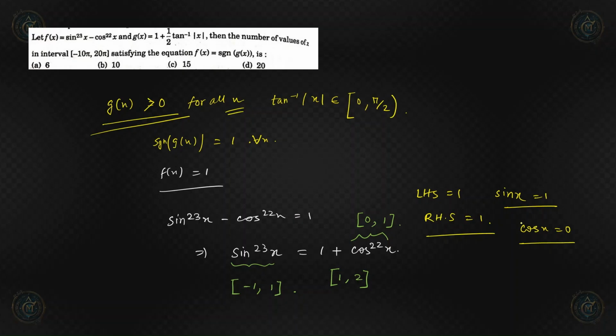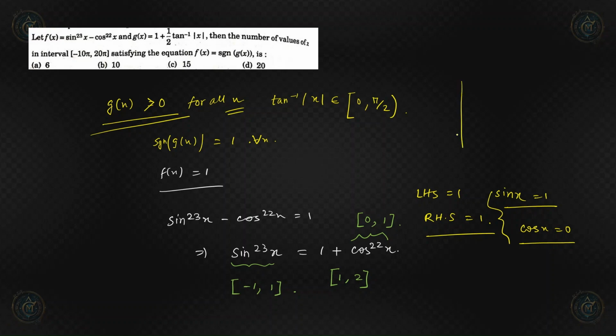So if we try to find the solutions of these two simultaneous equations in minus 10 pi to 20 pi, we can first find the solutions in 0 to 2 pi and then multiply the number of solutions by 15, because in minus 10 pi to 20 pi we have a total of 15 periods covered of these two functions. Sin x and cos x are periodic with period 2 pi. So if we have, let's say, n solutions in 0 to 2 pi, we must have 15 n solutions in minus 10 pi to 20 pi.